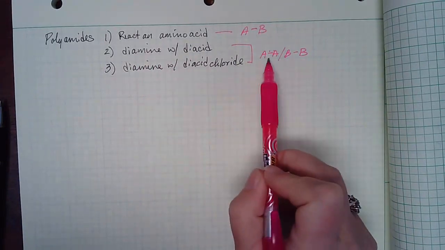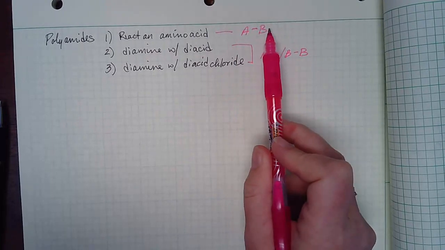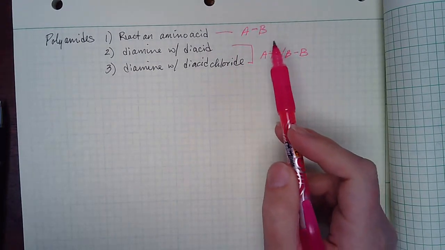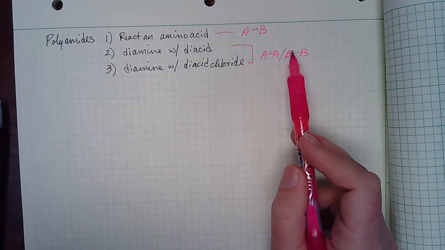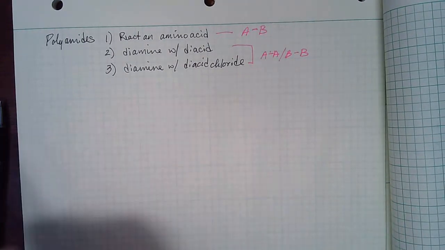So these are made with 2 monomers. This is made with 1 monomer. This polymer, when it's an AB type, will only have 1 linkage, 1 amide per repeat unit. But here, when we react 2 monomers, we'll end up with 2 linkages or 2 amides per repeat unit.